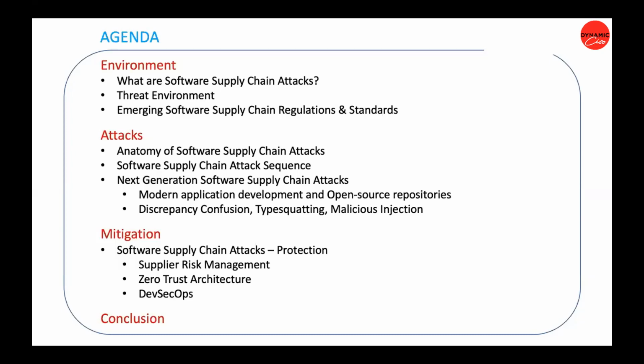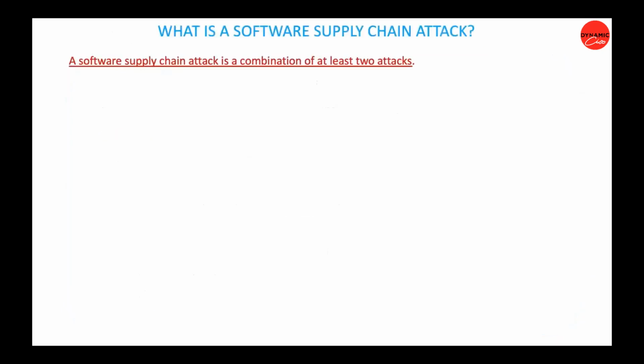Now, let's start with what a software supply chain attack is. This attack has to have a combination of at least two attacks. That's the defining difference between a software supply chain attack and the normal attacks, like APTs and others.